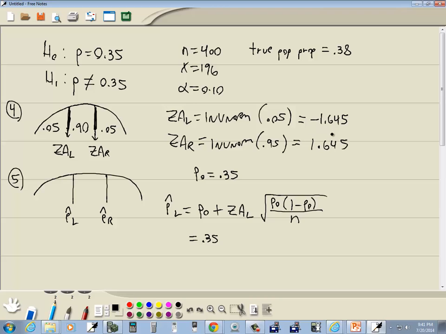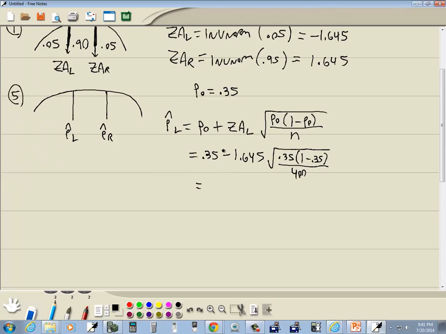ZA sub L was minus, so minus 1.645. Then the square root of P naught, which is 0.35, times 1 minus 0.35 over N, which was 400. And we'll plug that in the calculator here in a minute.